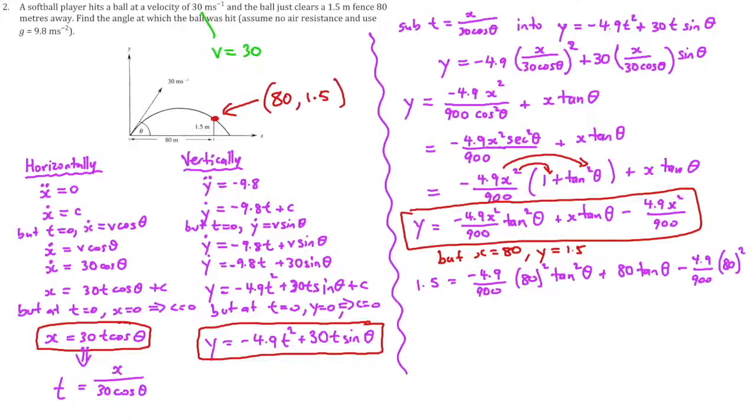That looks particularly messy. Let's see what we end up generating. So we're going to get equals minus 4.9 over 900 times 80 squared. If you put that into your calculator, you'll get minus 1568 over 45, and that will be tan squared theta, plus 80 tan theta.